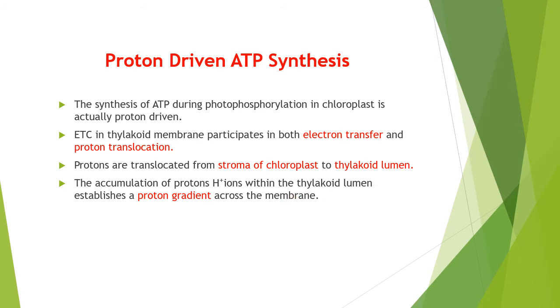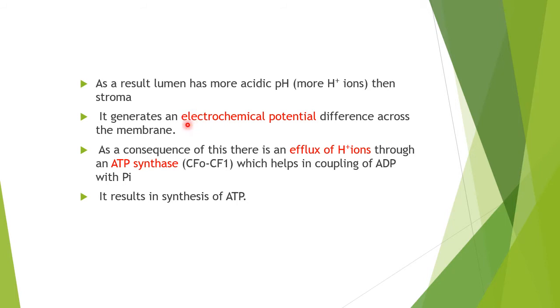Of course, that will help in the synthesis of the ATP also. As a result, you'll see the thylakoid lumen has a more acidic pH than the stroma. It generates an electrochemical potential difference across the membrane. So there is a difference on the two sides of the membrane. That's called the electrochemical potential difference.